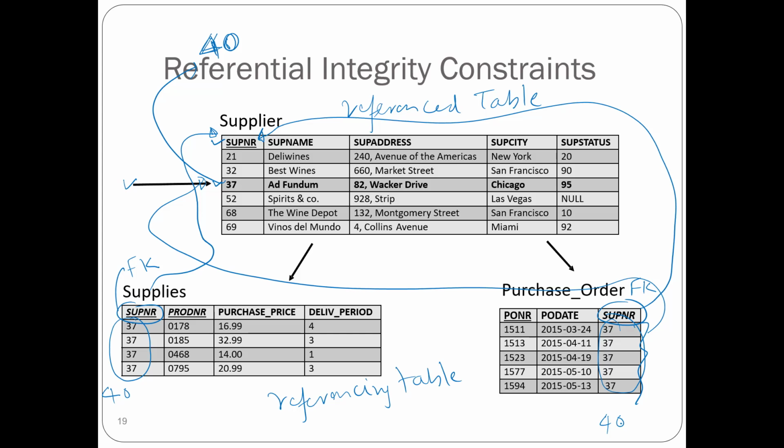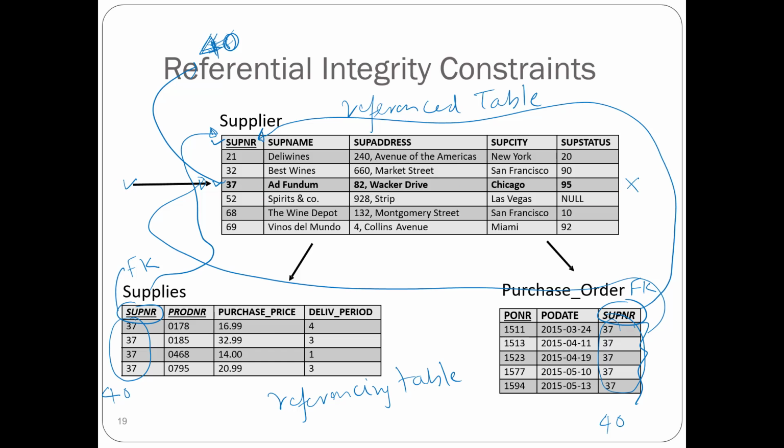So if supplier number is changed to 40 in the supplier table, then all the referencing tuples that were referencing the supplier with supplier number 37 should have their supplier number changed to 40. Cascading impact. Now let's discuss the same thing on delete. If this is deleted, in place of update, let's think about deletion with cascade.